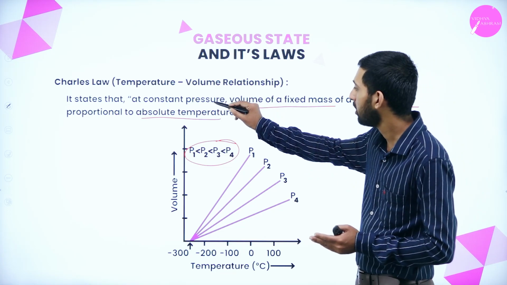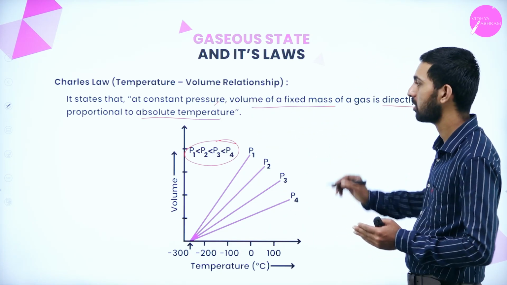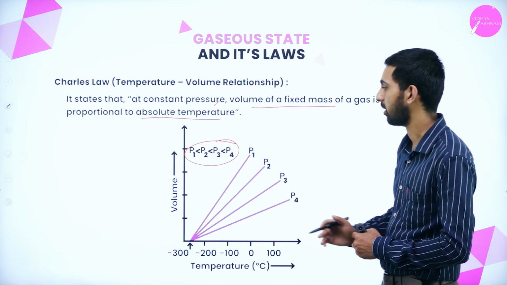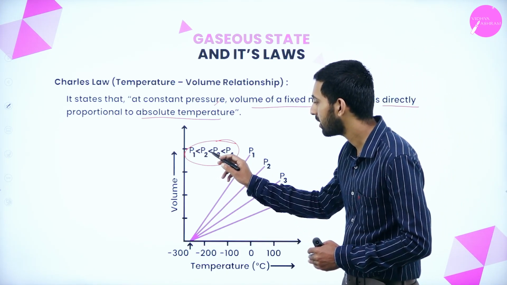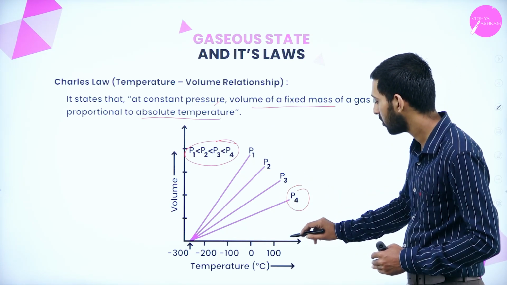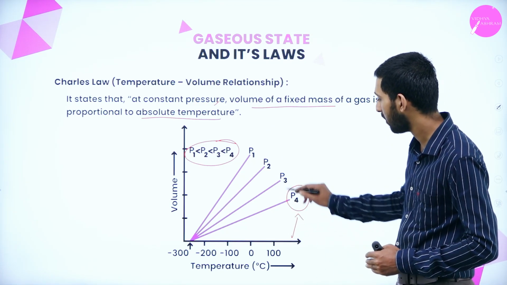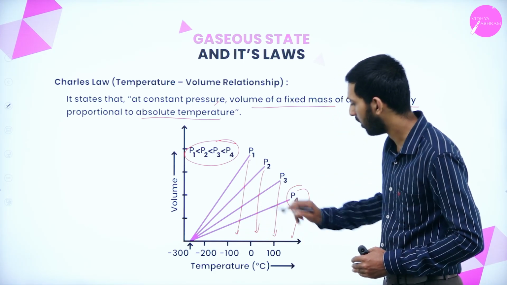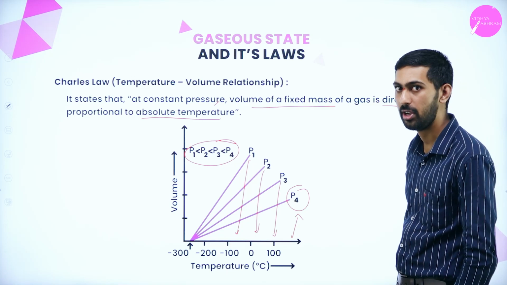Here you see, at constant pressure, volume of a fixed mass of gas is directly proportional to absolute temperature, they have said. So P1 is less than P2, less than P3, less than P4. P4 has got the highest temperature when compared to P3, P2 and P1. This is the relationship we have to know.